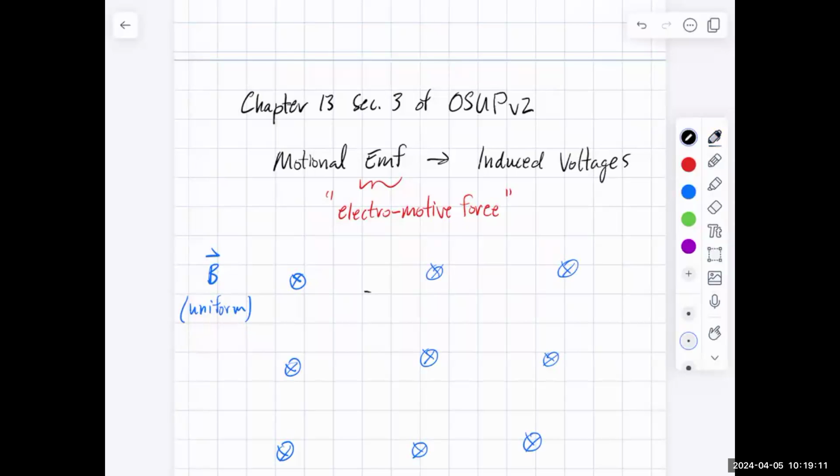This could be a bar of copper, for example. What I said is we're going to try to convert mechanical motion into an electrical voltage, so we need to move the bar. We're going to pull the bar perpendicular to this magnetic field. Okay, so that's the idea.